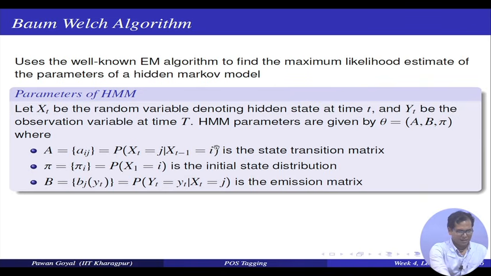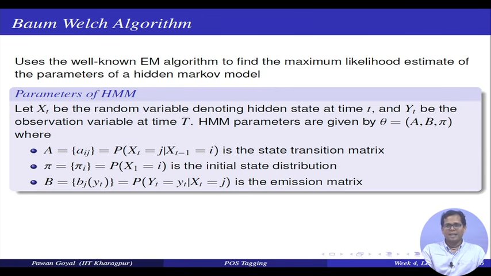What matters is that the state j occurred after state i at any given time point. Then I have the parameter pi, that is the probability that this particular state starts the sequence, so the probability of x1, the first state being the ith tag, that is my pi_i.